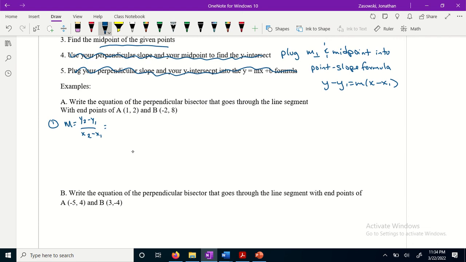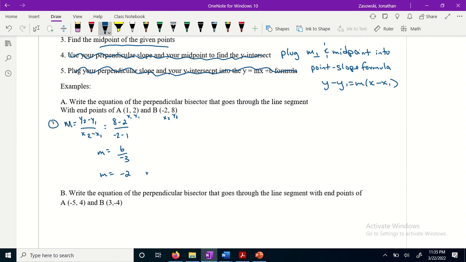Okay, and then we're going to plug in. y2, the second point y coordinate, is 8, minus y1, the first point y coordinate, is 2, over x2, the second point x coordinate, is negative 2, minus x1, the first point x coordinate, which is 1. And then we're going to do the math. 8 minus 2 is 6, negative 2 minus 1 is negative 3. And so our slope that we're going to get is just negative 2.